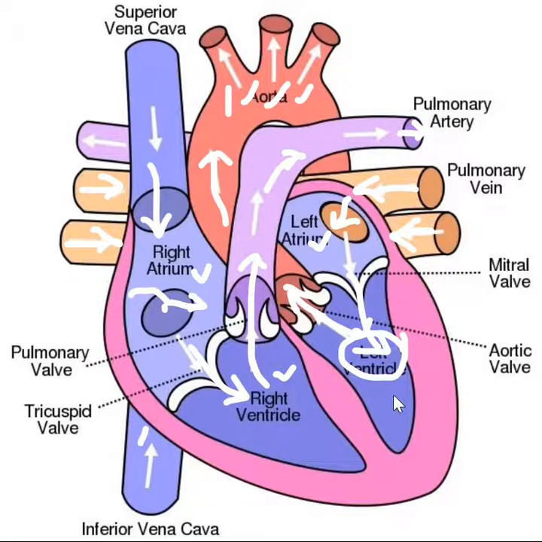The left ventricle is larger and its walls are about 3 times thicker than the right ventricle. You can see these are the muscular walls of the left ventricle, because left ventricle has to pump blood into vessels supplying blood to the entire body.